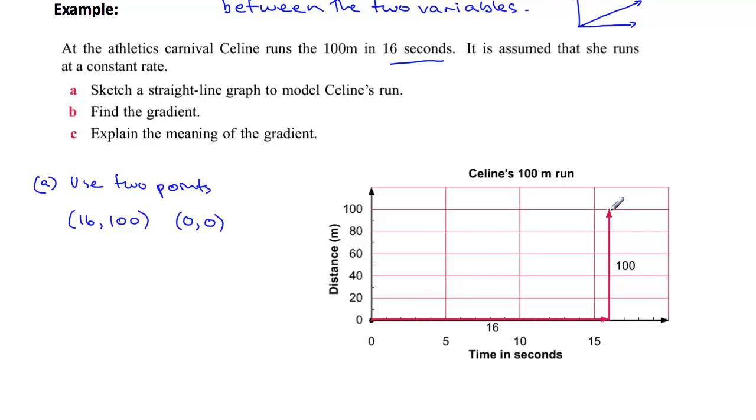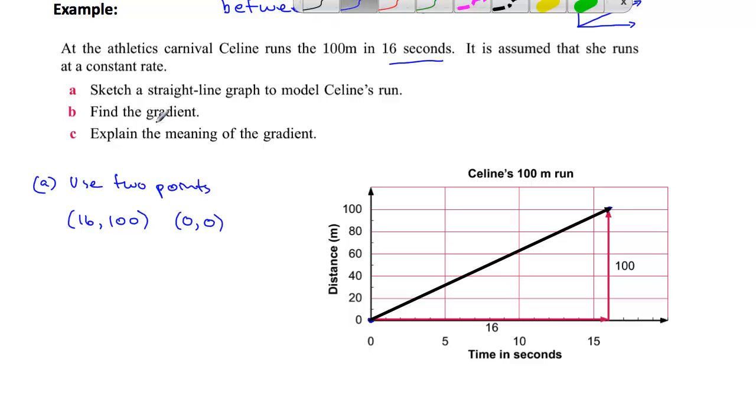Here's the first point up here at 16 seconds, 100 metres, and there's our starting point, 0, 0. So we'll take a line and draw it, starting in the corner and taking it right to that point there. So there's our gradient.